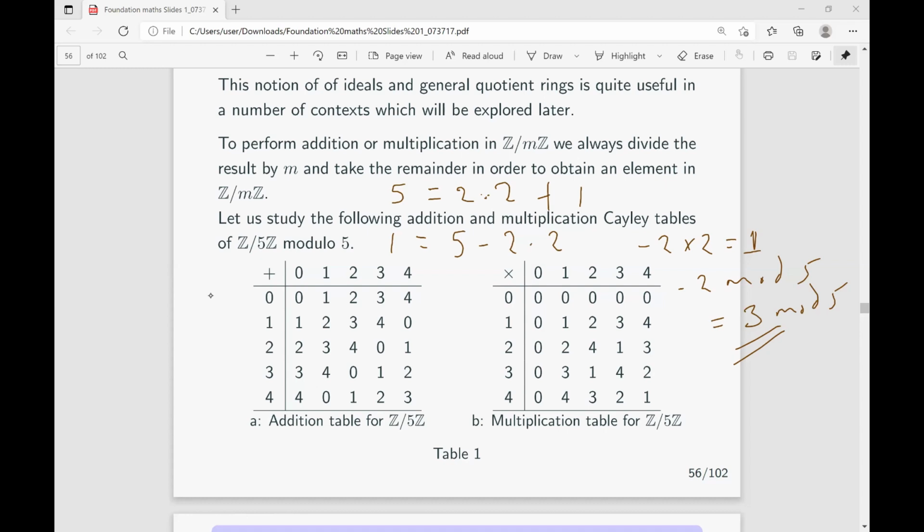Whenever I get a negative answer, I make it positive by dividing 5 into negative 2. It goes there negative 1 times, not 0, so negative 1 times 5 gives negative 5. Negative 2 minus negative 5 gives 3.